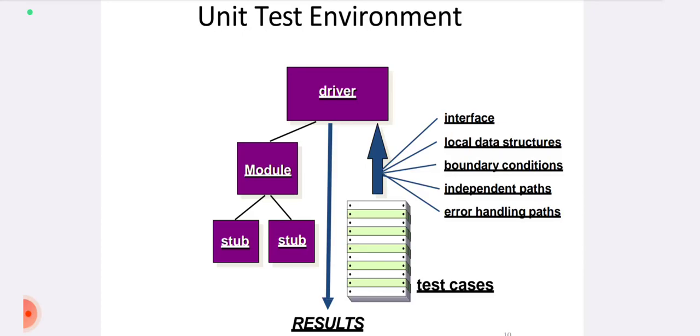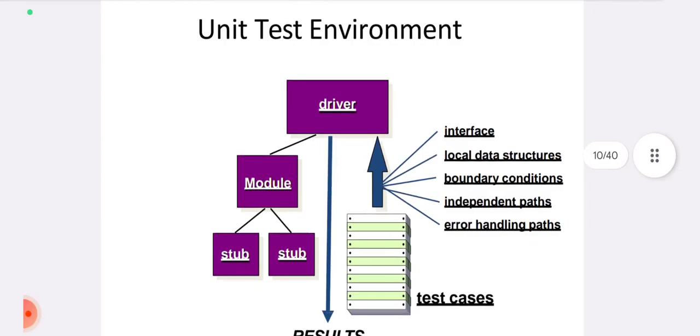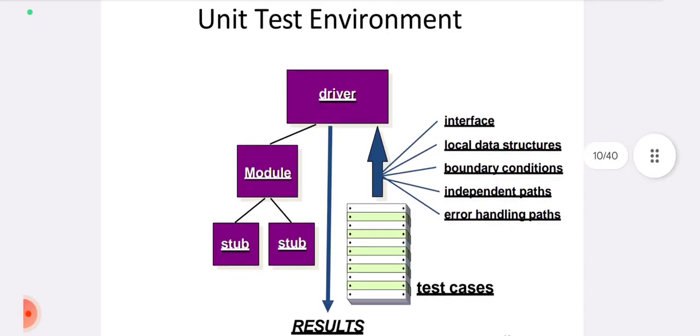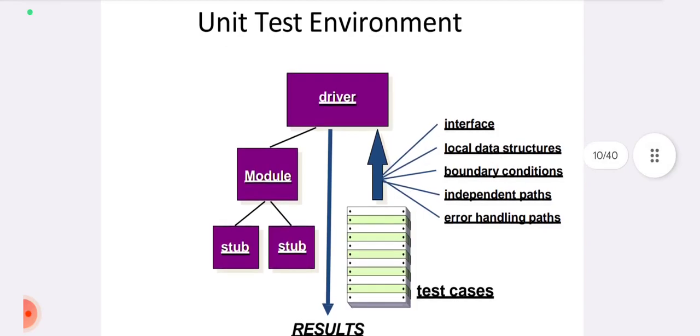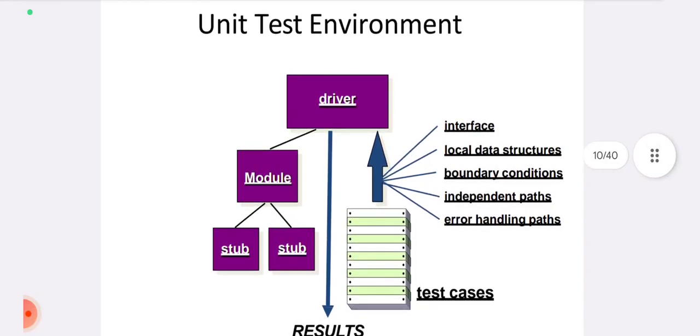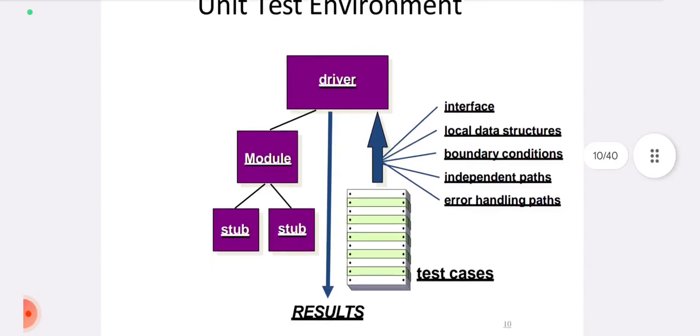We have to develop some modules that may be in need of an upper level supporting system, that is called a driver, and some modules may be in need of stubs, that are lower level components to the module. So when we are individually checking a unit, we may need driver software or stub software to test that particular module. So that is a part of supporting method.